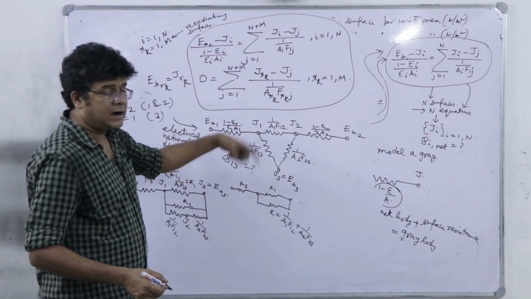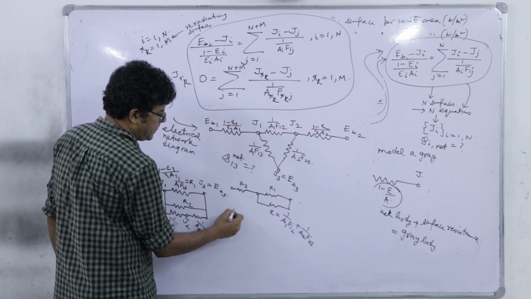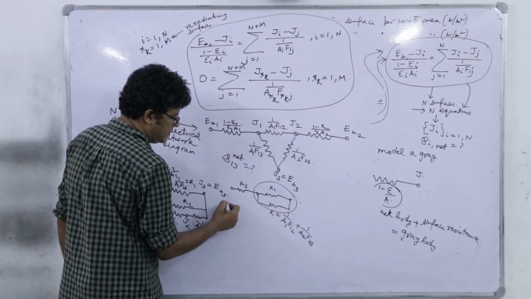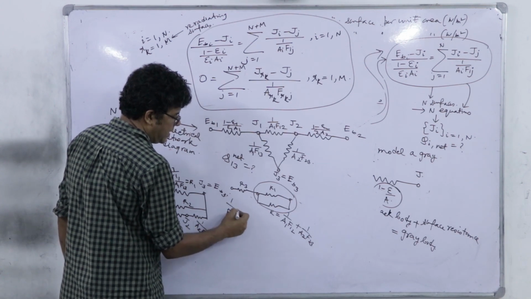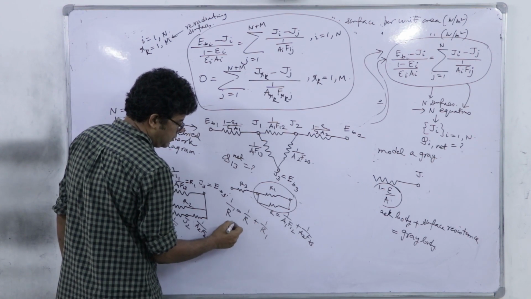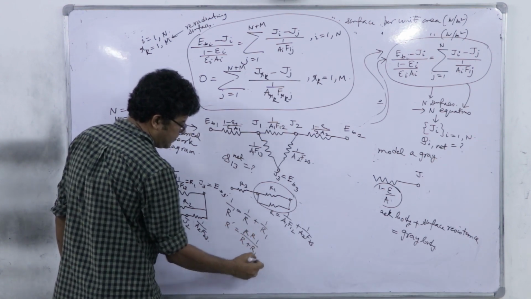So R prime is the effective resistance of these two parallel connections. 1 by R prime will be equal to 1 by R plus 1 by R1, so R prime is equal to R R1 divided by R plus R1.